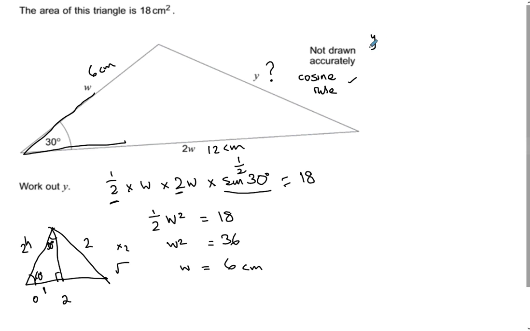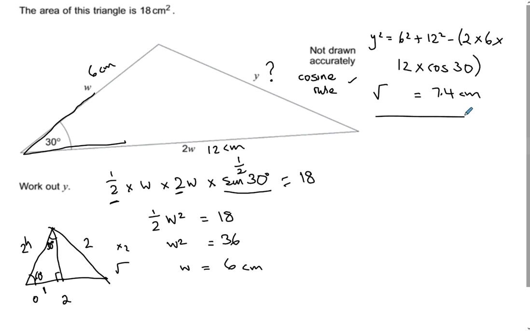Here we've got y squared equals 6 squared plus 12 squared minus 2 times 6 times 12 times cos 30. Remember to square root the answer, and you'll get 7.4 centimeters.